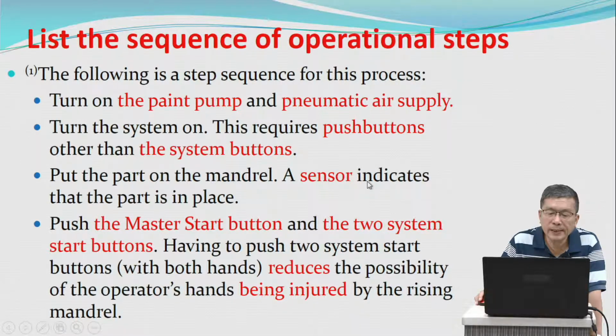A sensor indicates that the part is in place. Push the master start button and the two system start buttons. Having to push two system start buttons with both hands reduces the possibility of the operator's hand being injured by the rising mandrel.